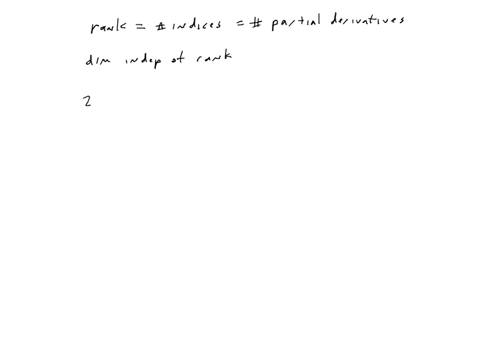And so if you have a rank 2 tensor in 3D, then it would look something like a 3x3 matrix.